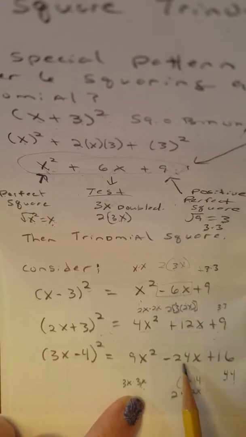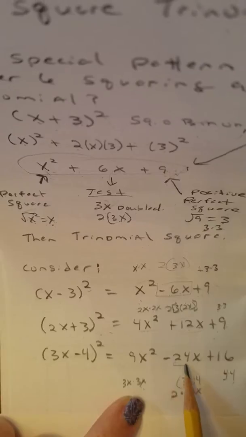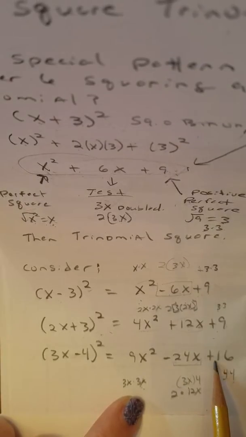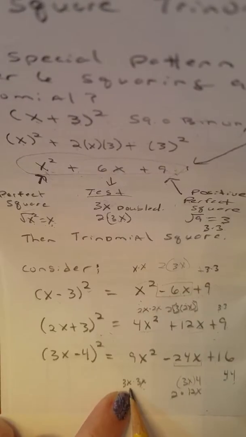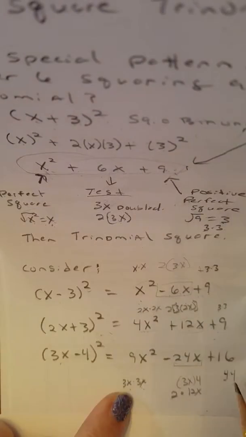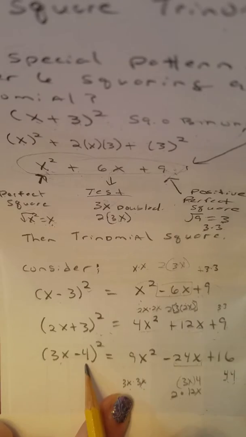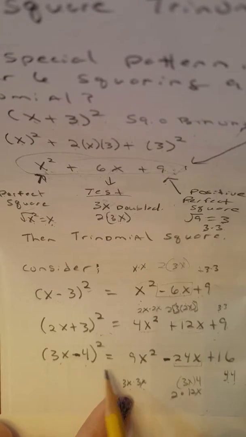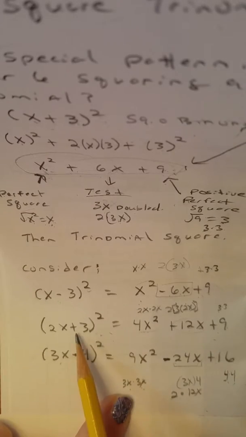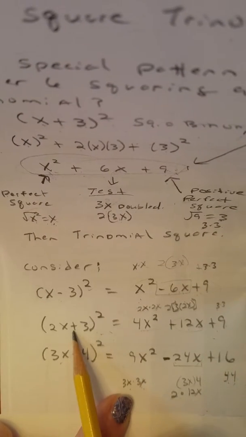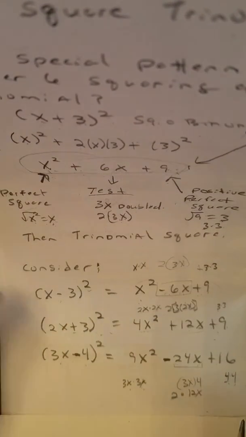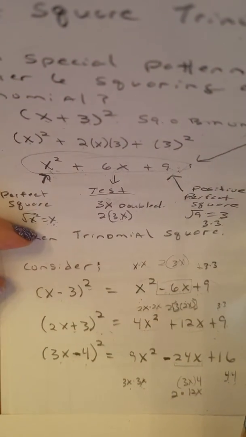Do I get what they have here? Yes, I get 24x. So this is a perfect square trinomial, where 3x is the first term of the binomial, 4 is the second term, and I use the sign of the middle term, so it's going to be minus 4. So that's how you're going to check whether it is a perfect square trinomial.